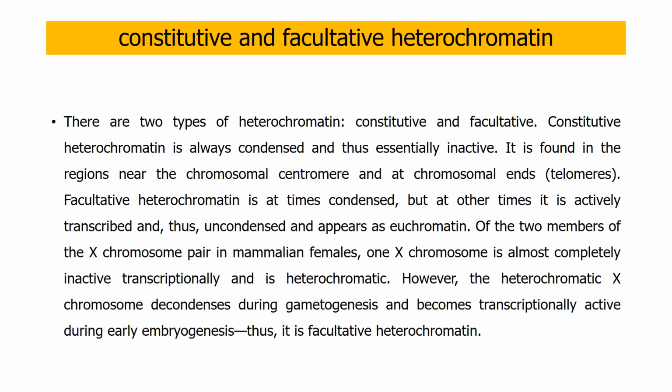Okay? So this you have to, if you understand this mechanism, that the heterochromatin which changes from inactive to active state in the cell is the facultative heterochromatin, and sex chromosome is usually heterochromatic but becomes euchromatic at the time of gametogenesis.